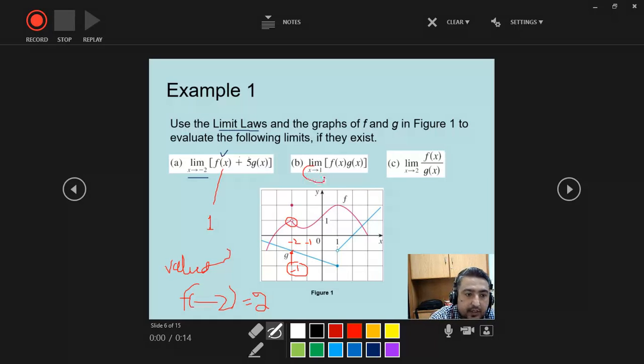Now x is approaching 1, so we have to keep in mind the limit of f of x and the limit of g of x when x approaches 1. Here the value of f is 2, and the value of g is -2, and we multiply these and get -4.